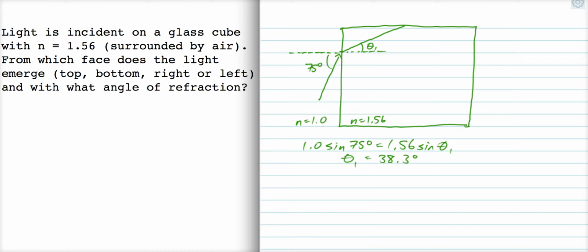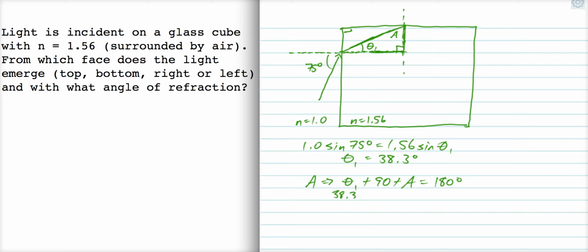Alright, so now I need to figure out what's happening at this face. Now this is a right angle, so this is a right angle here. That'll save us some time. So this angle, I'll call this angle A here. Angle A can be found by the fact that theta 1 plus 90 plus A all have to add up to 180 degrees, because this is a triangle, and the interior angles of a triangle have to add up to 180.